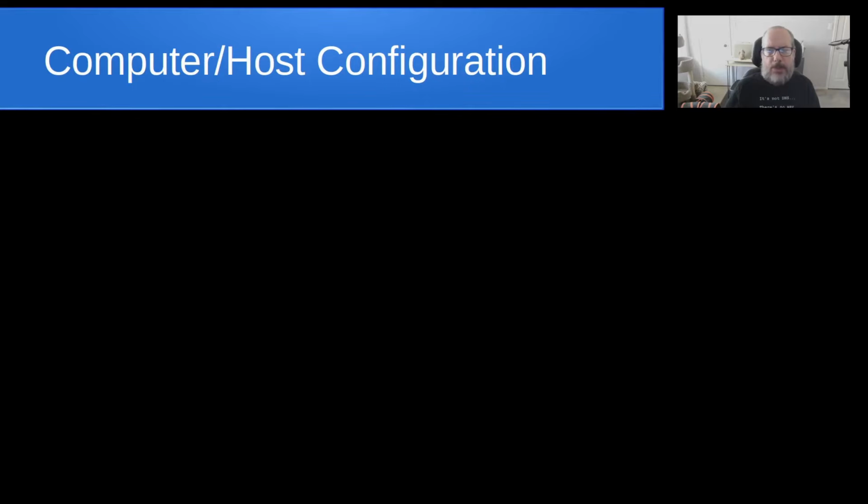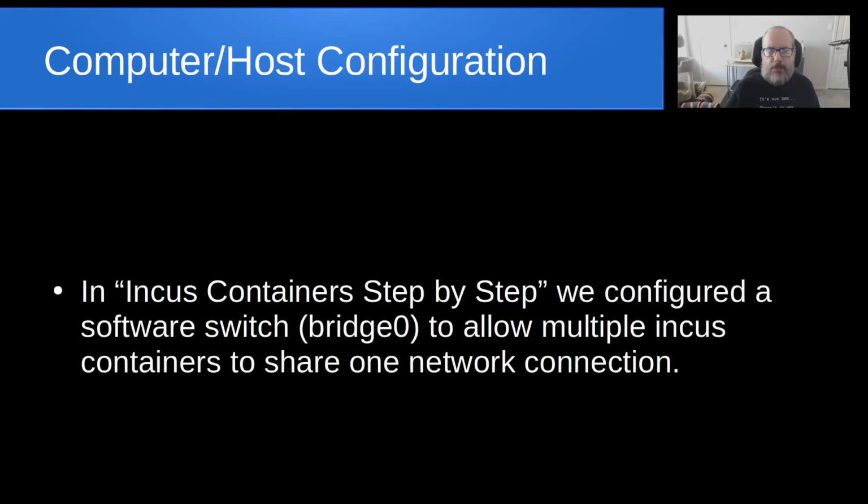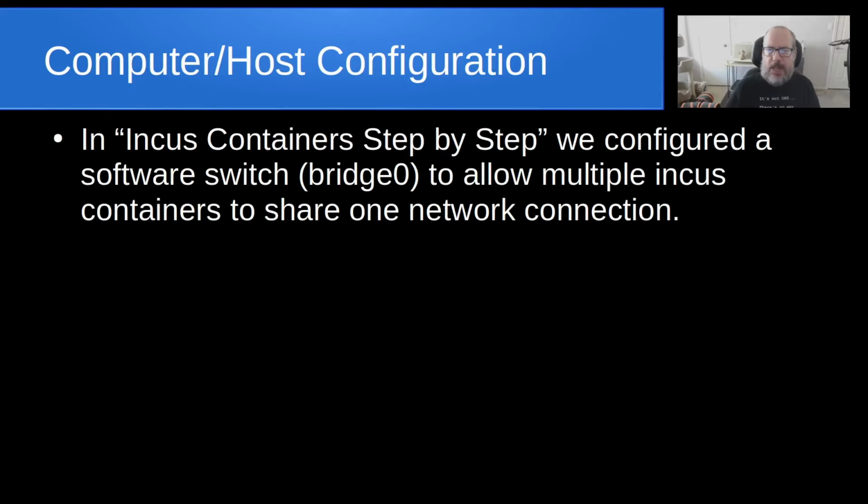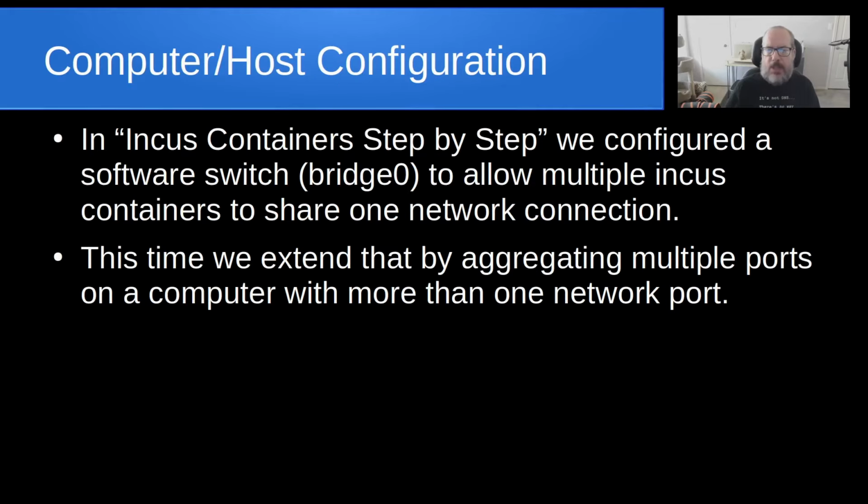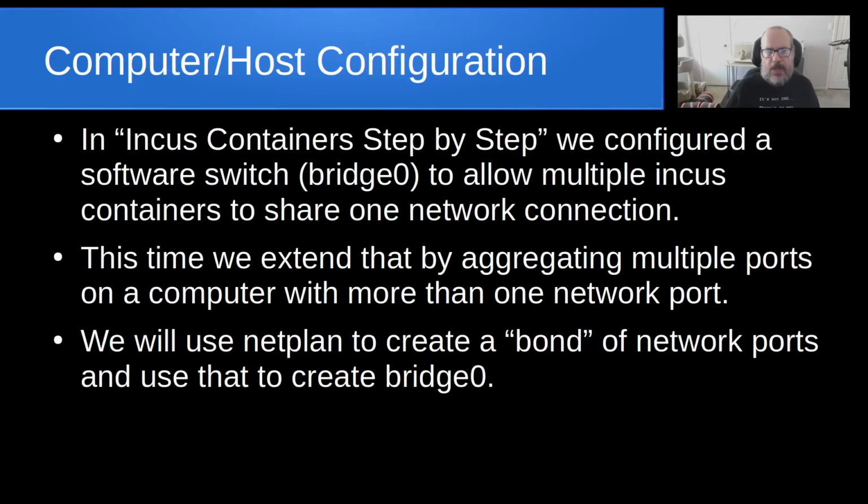So what about the computer or host itself? Well, in Incus Containers Step by Step, we configured a software switch, which I named bridge0, that allows multiple Incus containers to share one network connection. This time we're going to extend that idea by aggregating multiple ports on a computer with more than one network port, and we're going to associate that with bridge0.